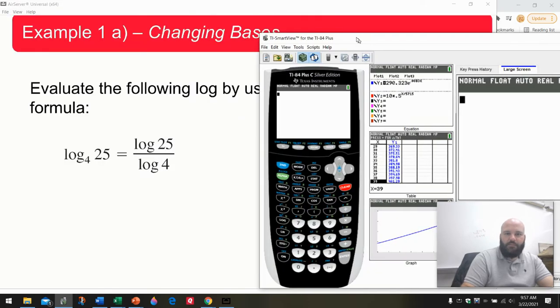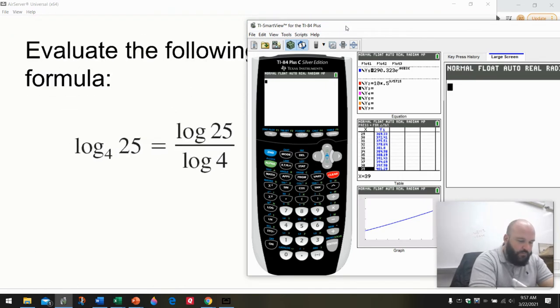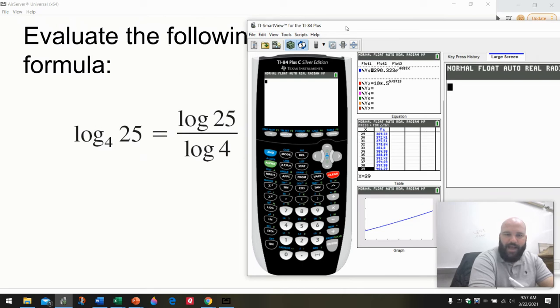So you can see in this particular problem, I have log base 4 of 25. And so what we'll do is we'll rewrite this as log of 25 divided by log of 4. And this allows us now to evaluate this on our calculator. So we will simply take log, and we'll do 25, close out your parentheses, then hit divided by, and once again, log of 4.